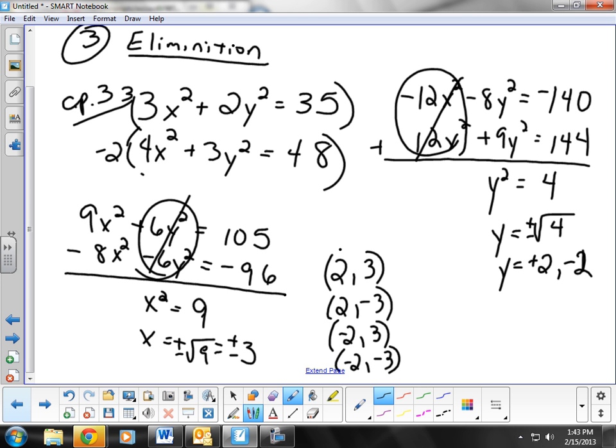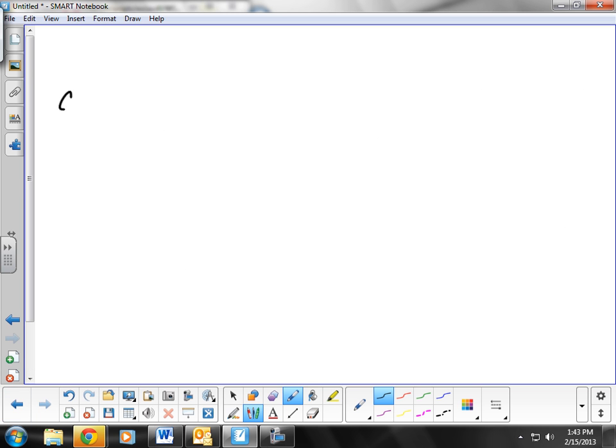Well, let's do checkpoint 4. On checkpoint 4, it says we've got y is equal to x squared plus 5, and x squared plus y squared is equal to 25.